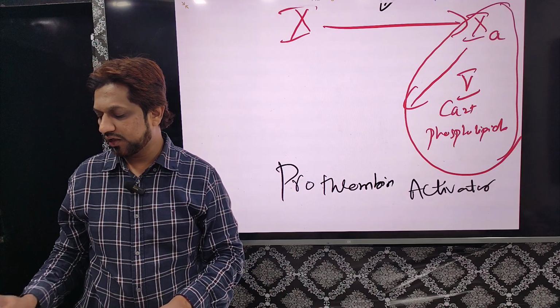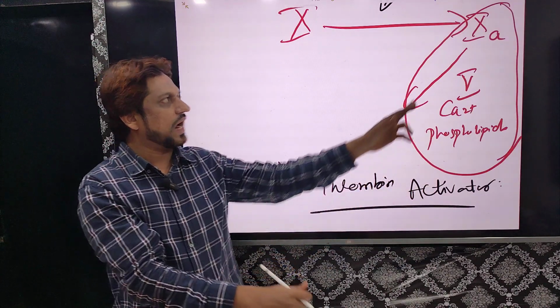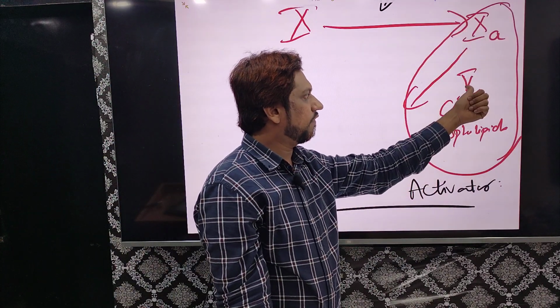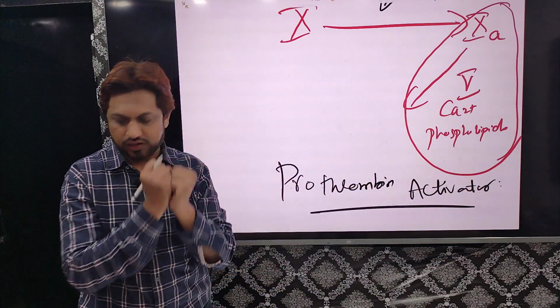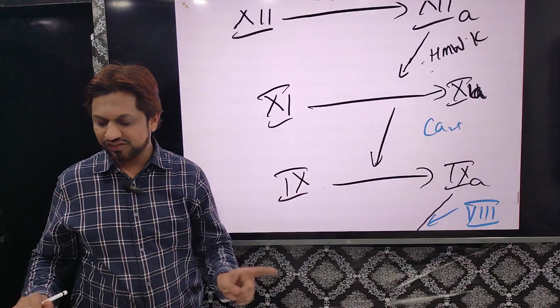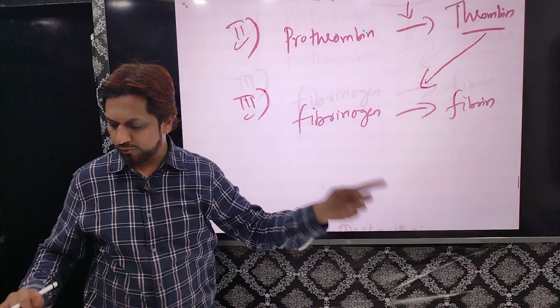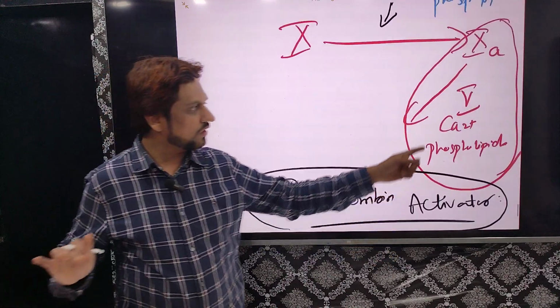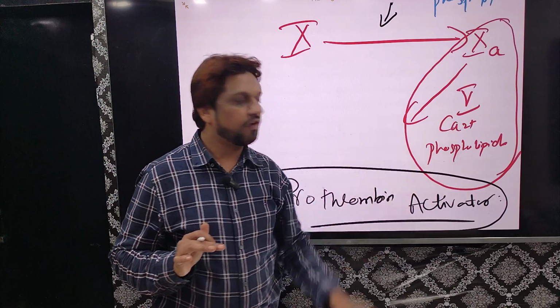What is prothrombin activator? This activated substances combination, that is activated factor 10, factor 5, calcium and phospholipid, together form a complex that is known as prothrombin activator complex. So our first step in the blood coagulation is what? Formation of prothrombin activator. What is prothrombin activator? Activated factor 10, factor 5, calcium and phospholipid.